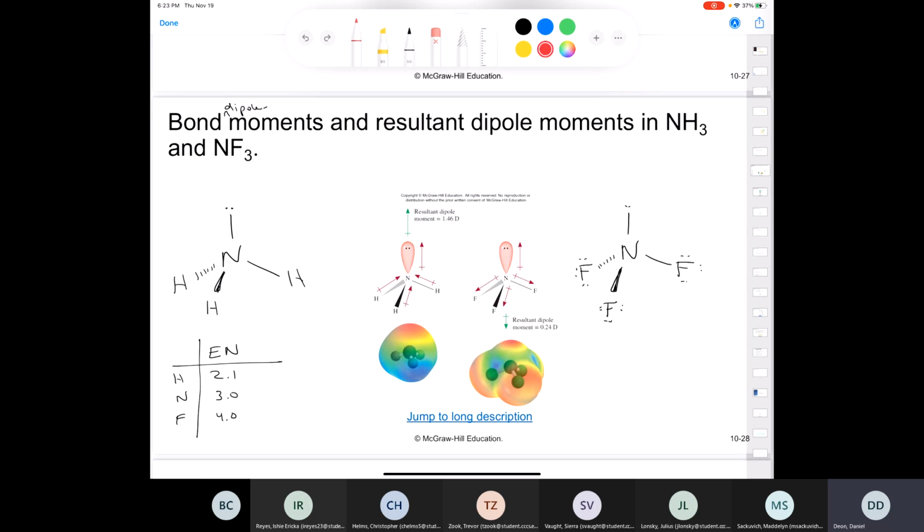Since nitrogen is more electronegative, we point the dipole arrow towards the more electronegative element. Okay? You see these 3 vectors? They're all heading up towards the top of that trigonal pyramid. They're all going to run into each other, and then you get what's called a resultant or a net dipole moment. So basically, you have to be able to add those 3 vectors in your mind.